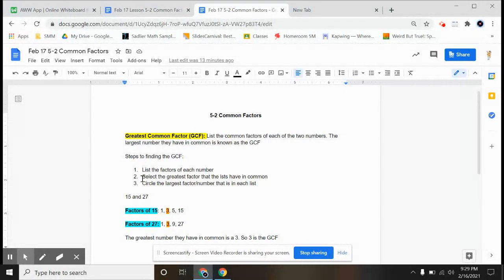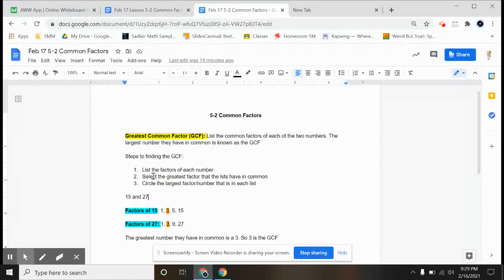Factors are the numbers we multiply together to get whatever number it is that we're playing with, okay? So if we think about the number 4, the factors for 4 would be 2 times 2, because that gives us 4, but also 1 times 4, because those would also give me 4. So if I'm thinking about the factors for a 4, there's a couple of different options.